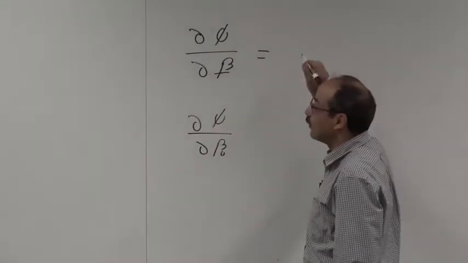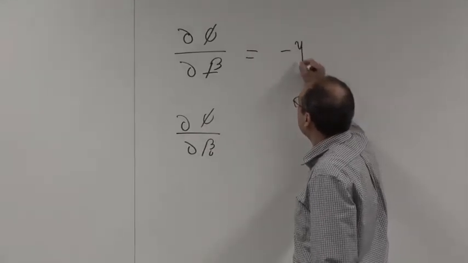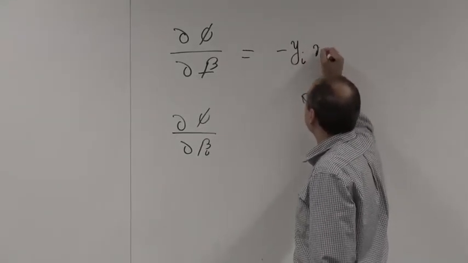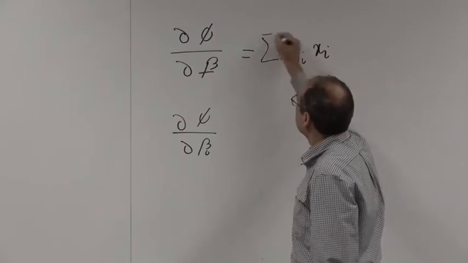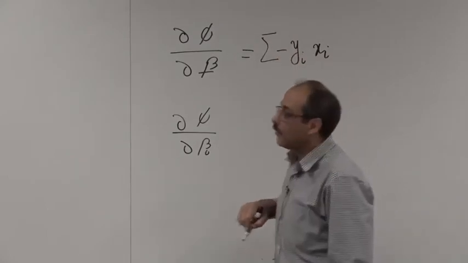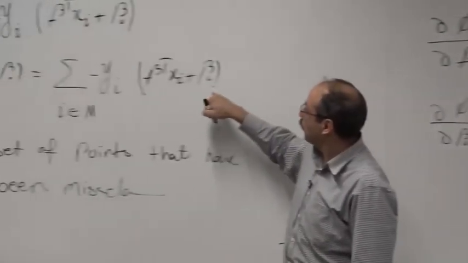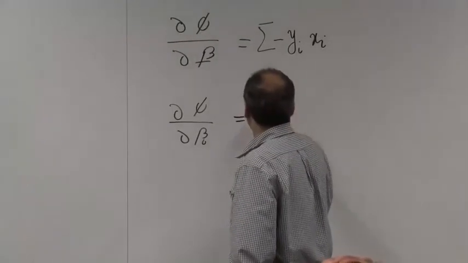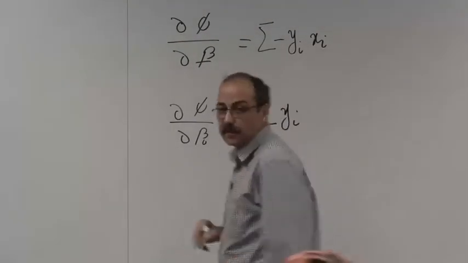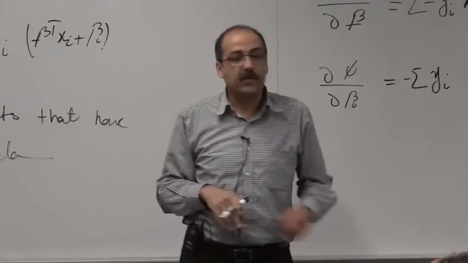Negative yi xi. And what's the derivative with respect to beta null? Just negative yi. Right? So I have the derivative.